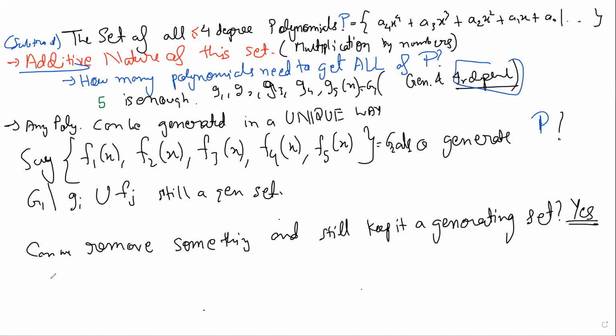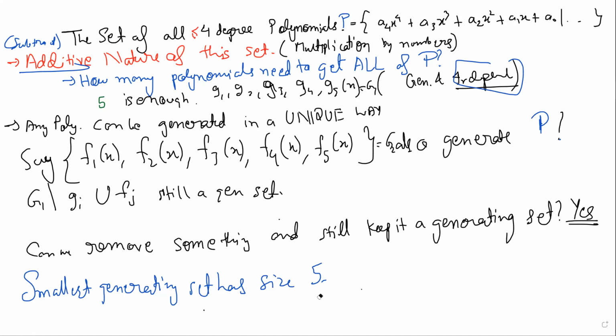So here we have shown that the smallest generating set has size 5. You can just do the same proof, because you know one set which has 5, the path: 1, x, x square, x cube, x to the power 4, that's it, right? You can use that and do this comparison. You can show that the smallest is 5.